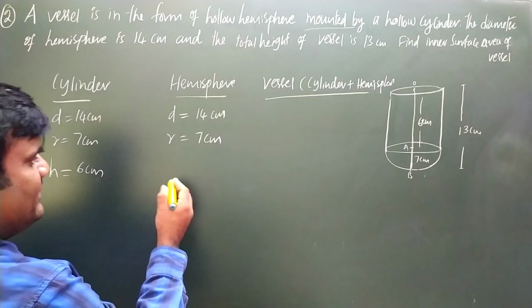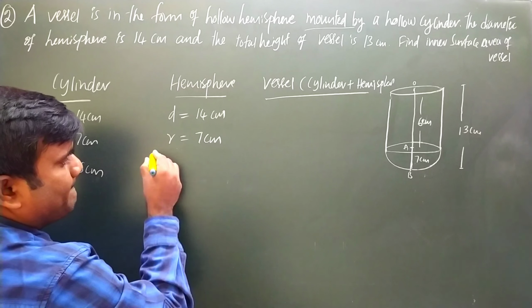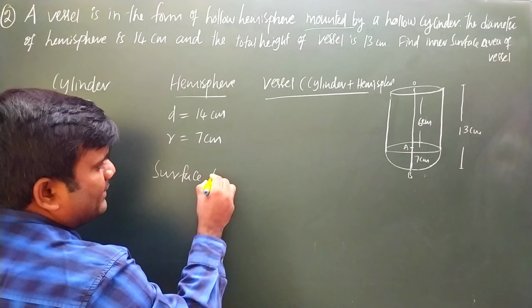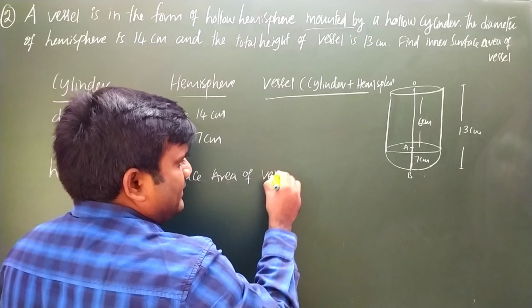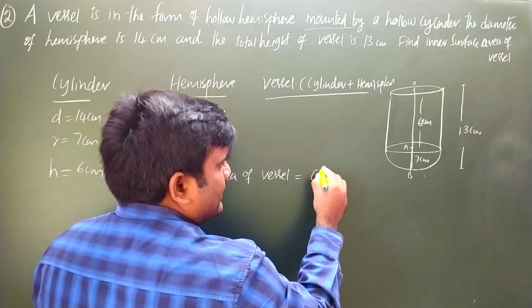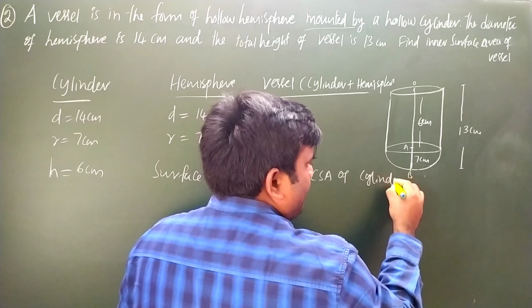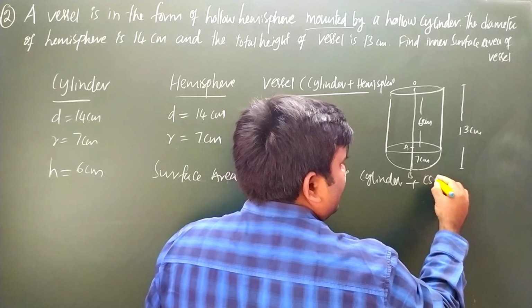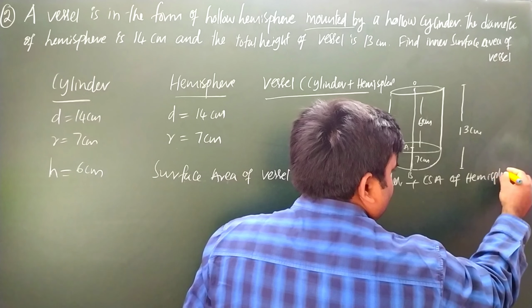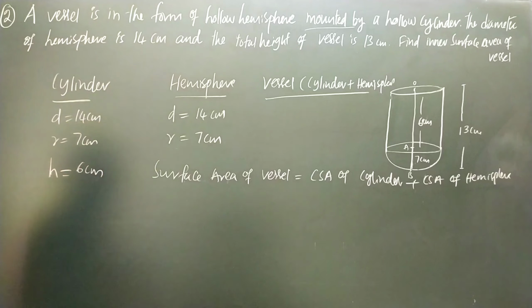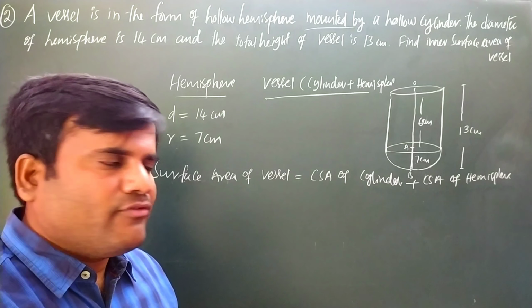So the surface area of the vessel is equal to CSA of cylinder plus CSA of hemisphere, which is the total surface area of the vessel.